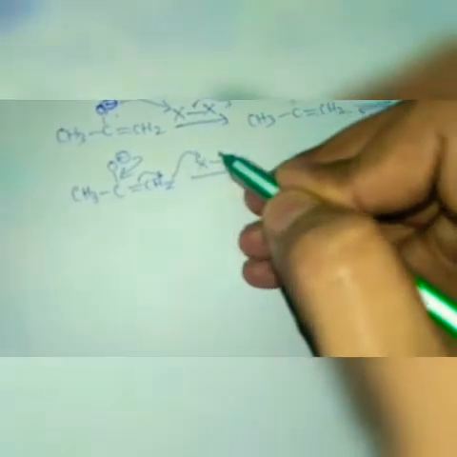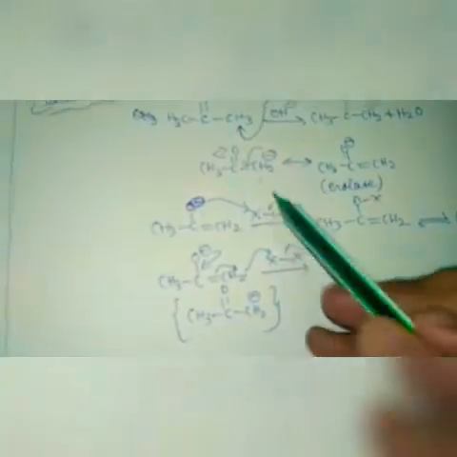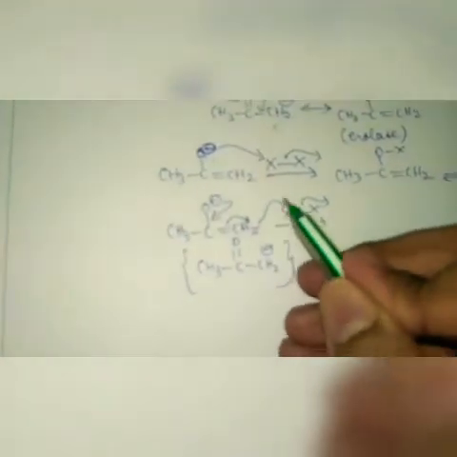CH3 CO minus, this can come here, this can go here, and this can attack here. Do you realize what is happening? I'll write this basically. This is actually CH3 C double bond O CH2 minus, the same compound which we got over here. This negative charge attacks this halogen, and this leaves, so as to get CH3 C double bond O.